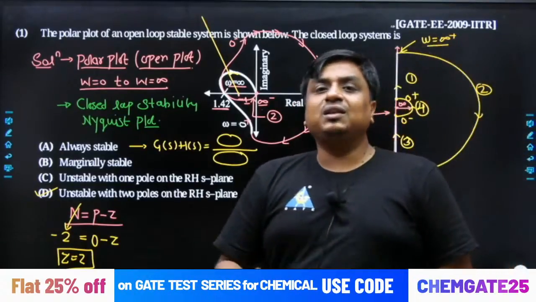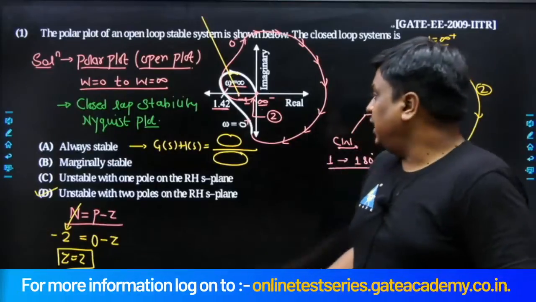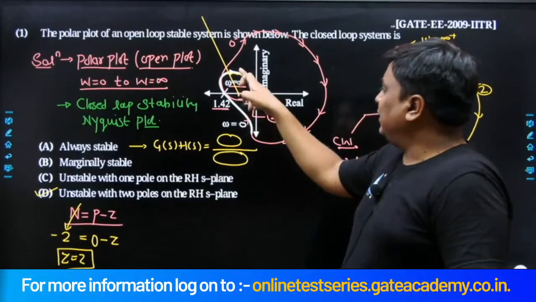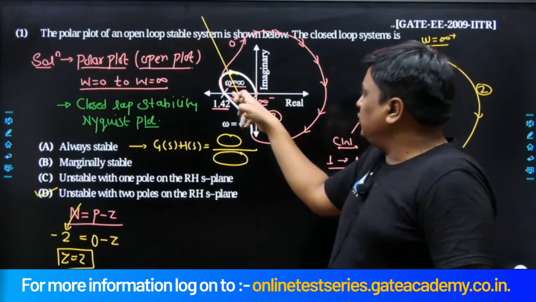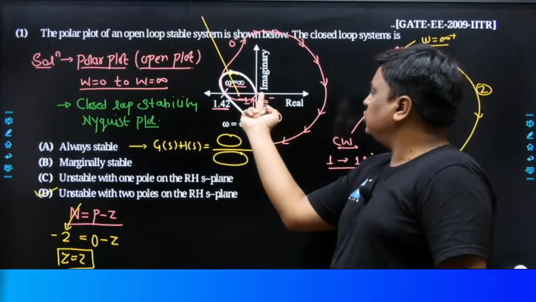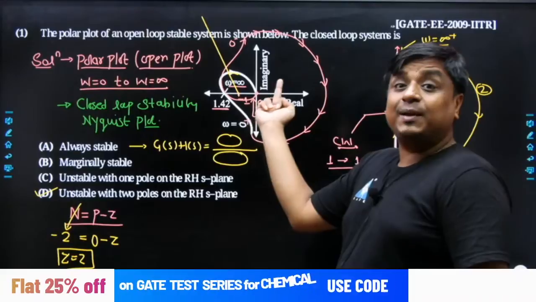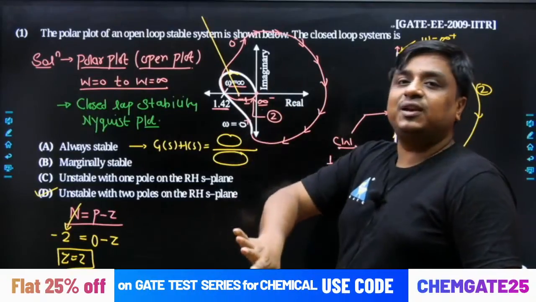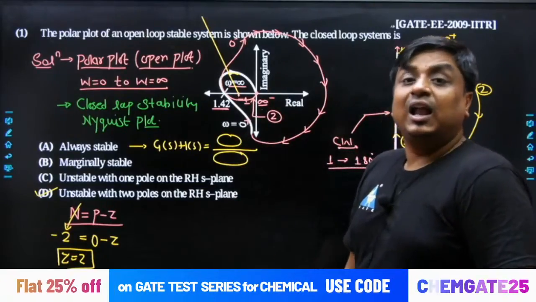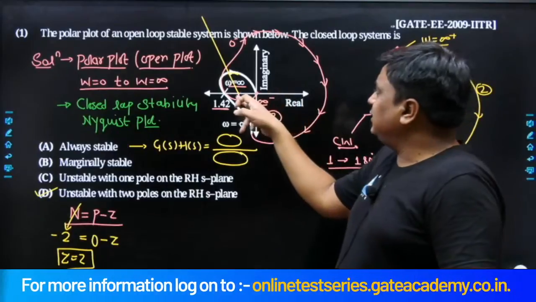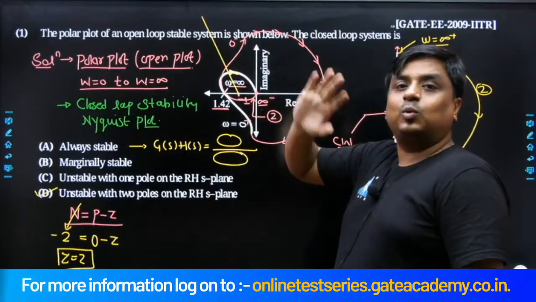We take the inversion of the polar plot. Like here it was a polar plot, and we have taken its inversion. One thing is quite sure: at this point both are meeting together, and there the value of omega is infinity plus. That means infinity plus as well as infinity minus lie at the same point, whereas 0 minus lies somewhere else. What does that mean?